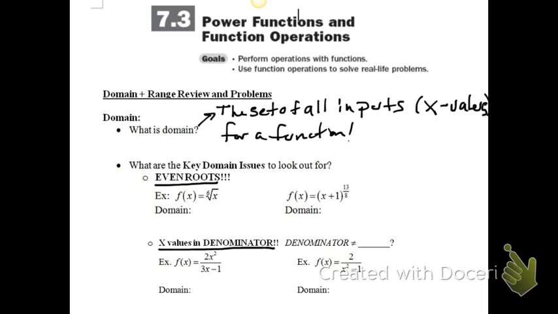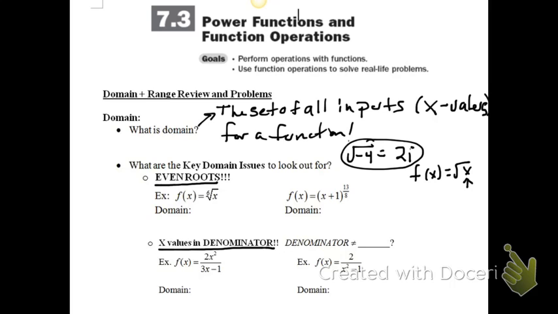Let's talk about even roots for a moment. Guys, just to review, if I had the square root of -4, you know that that would be 2i, right? That would be an imaginary number. So if my function, let's say, f of x, was equal to the square root of x, I would not be able to plug in negative numbers. Because if I did, I might end up with this situation here where I get an imaginary output.